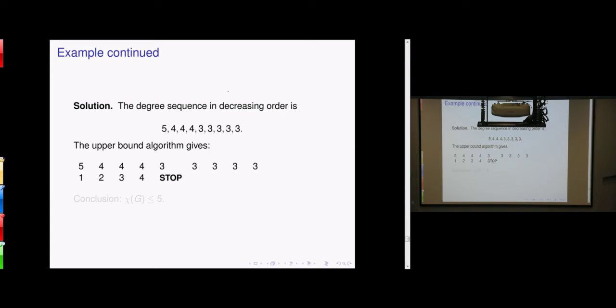Now this guy, 5, I'm going to write 5. 5 is strictly bigger than 3, right? So I stop, and the number I write is the upper bound of the chromatic number. So the chromatic number of G is less than or equal to 5, at most 5.